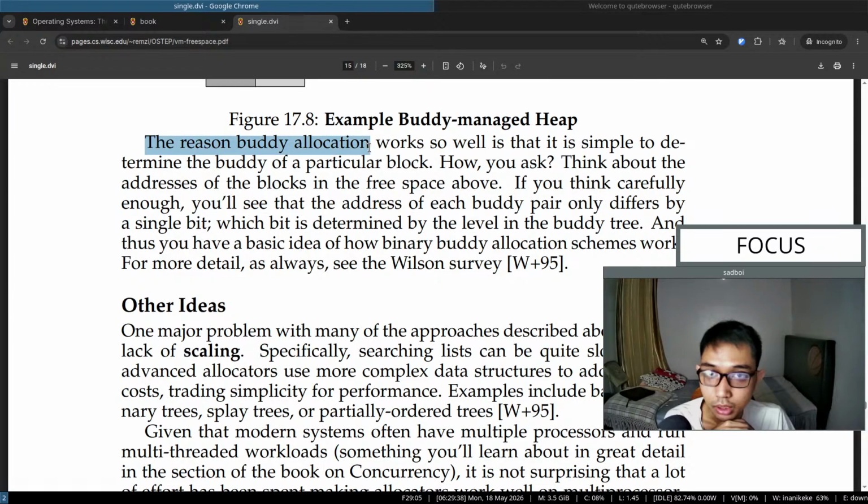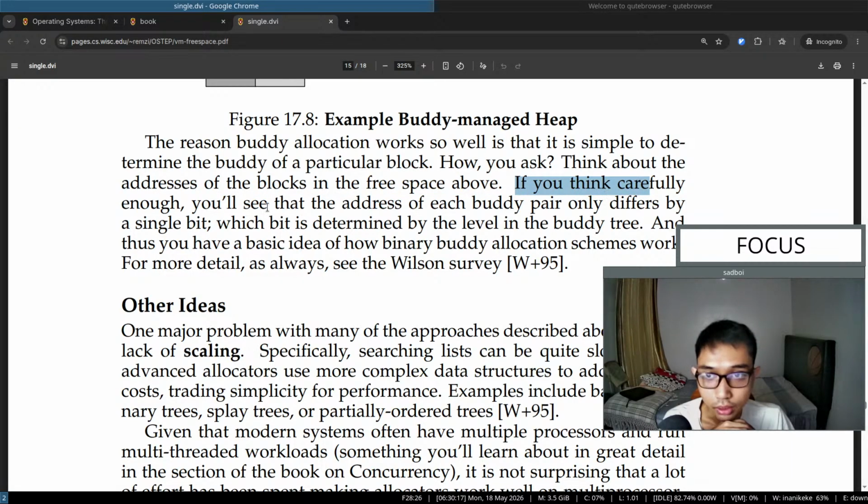The reason buddy allocation works so well is that it is simple to determine the buddy of a particular block. How, you ask? Think about the address of the block in the free space above.